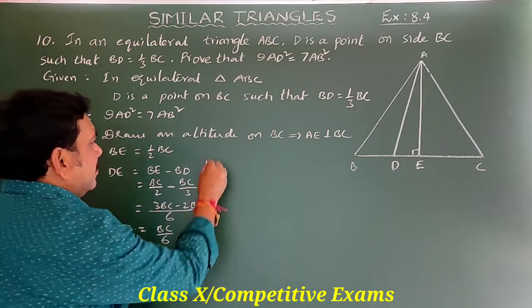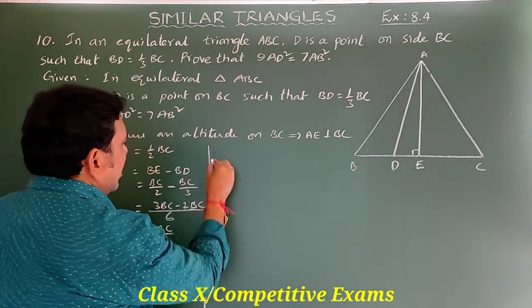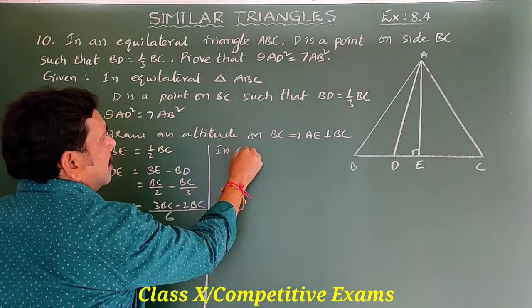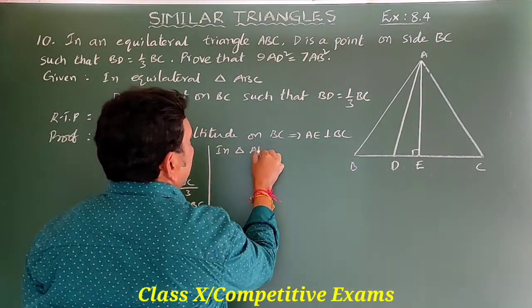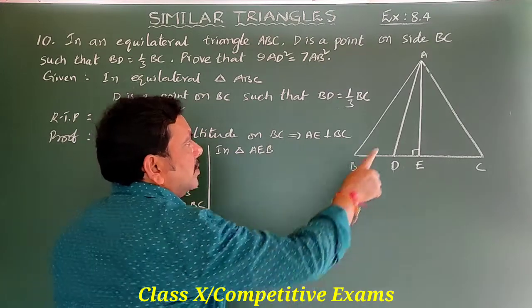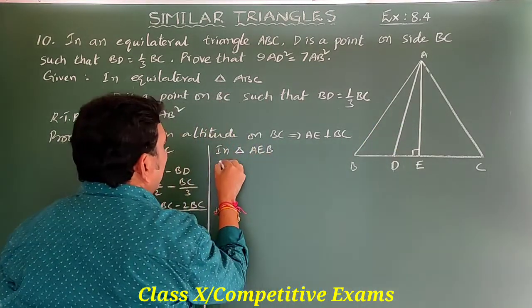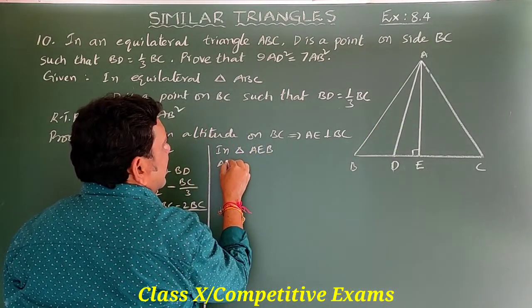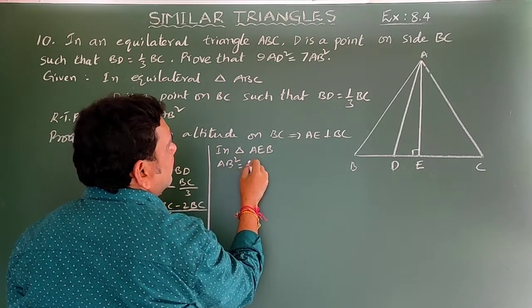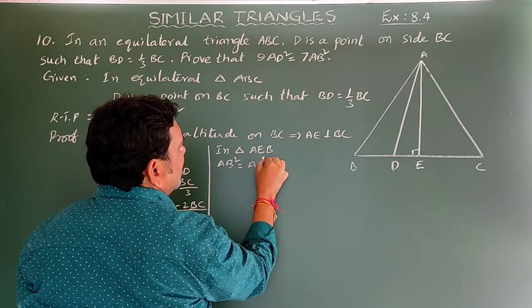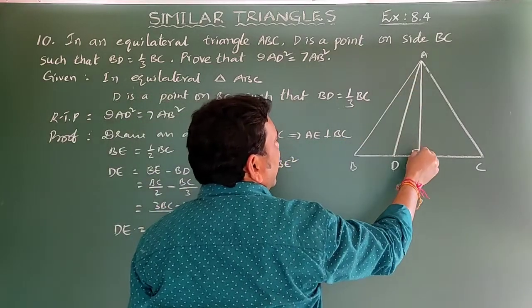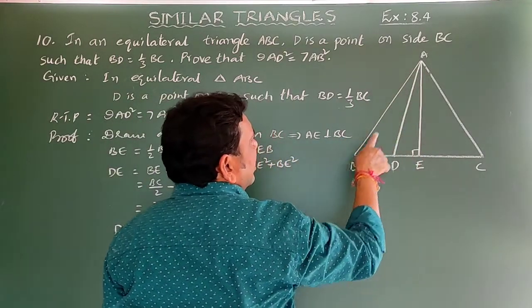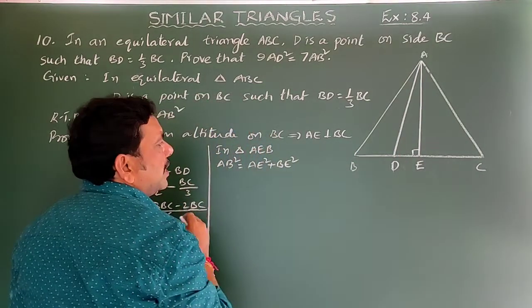Look here next. In triangle AEB, AB square is equal to AE square plus BE square.